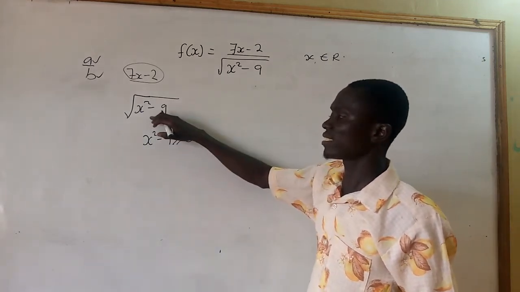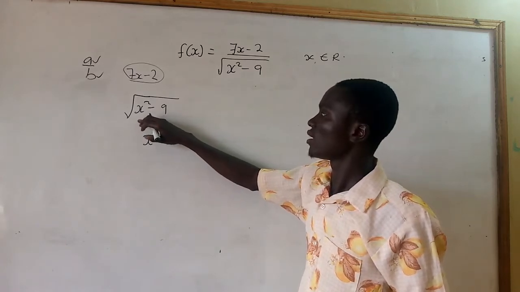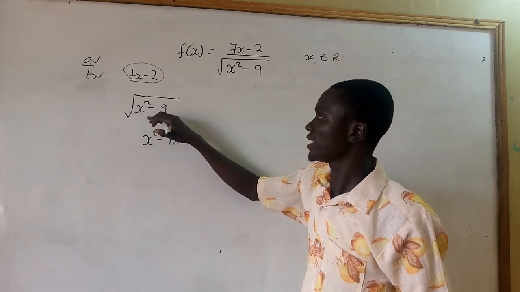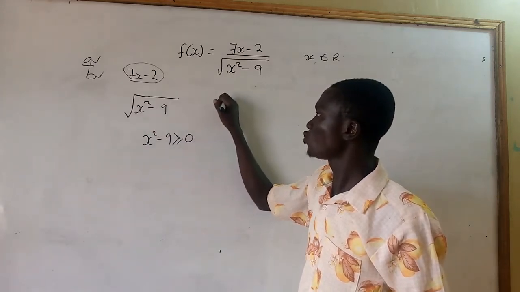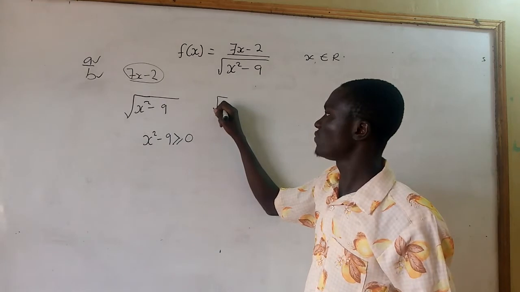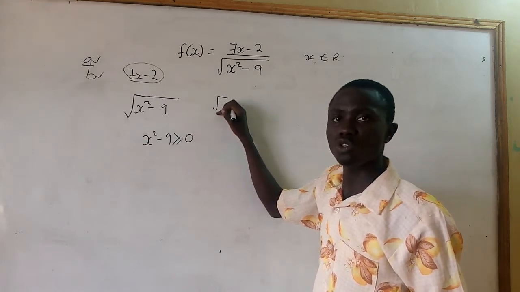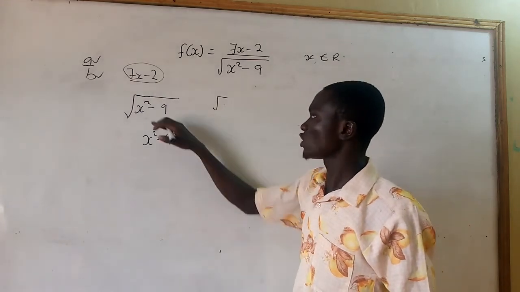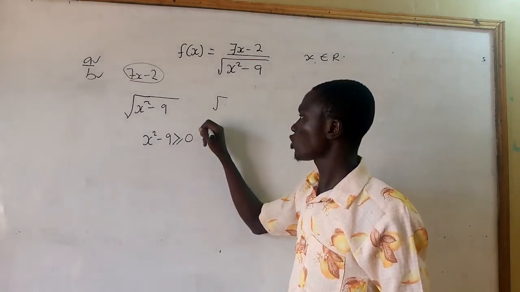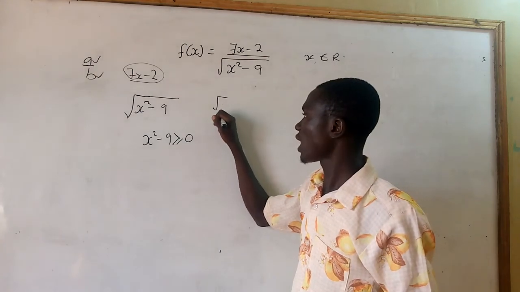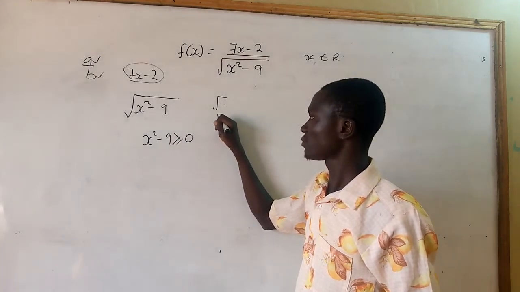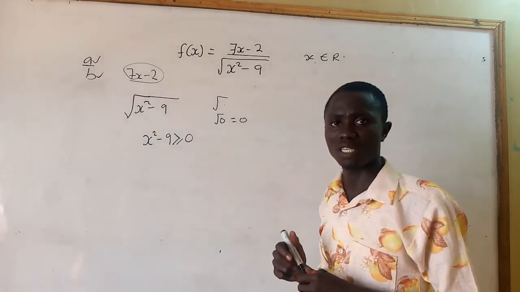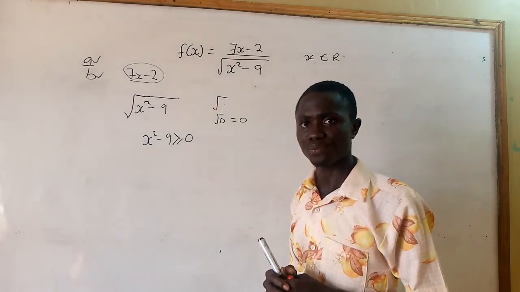Because if the expression under the square root is greater than 0, we are going to get square root of positive numbers, and square root of positive numbers are subset of real numbers. If the expression under the square root is equal to 0, we are going to have square root of 0, and square root of 0 is 0. 0 is also a subset of real numbers.